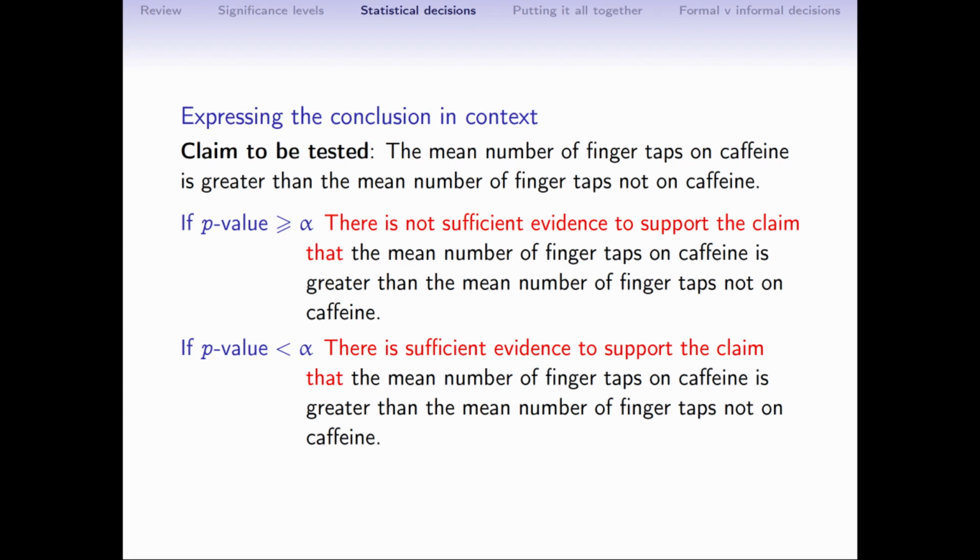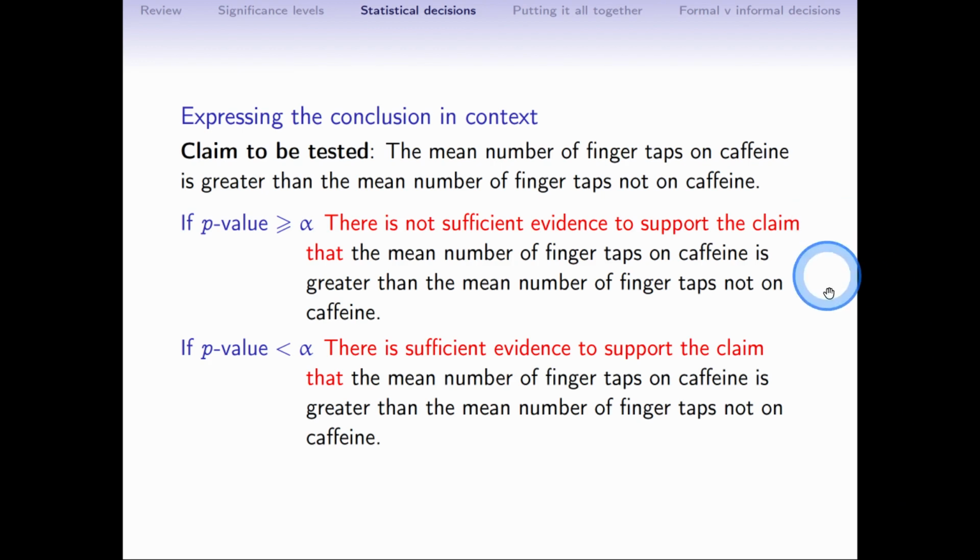So the null hypothesis is the hypothesis of no effect, that the caffeine in your system will have no effect on raising your finger tapping rate. So if we find that the p-value is greater than our significance level, that's considered a large p-value, then there is not sufficient evidence to support the claim that the mean number of finger taps on caffeine is greater than the mean number of finger taps not on caffeine.